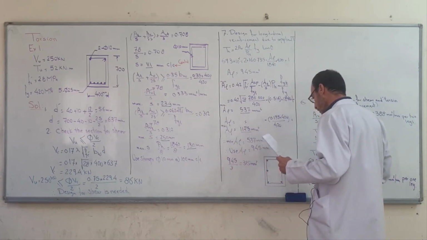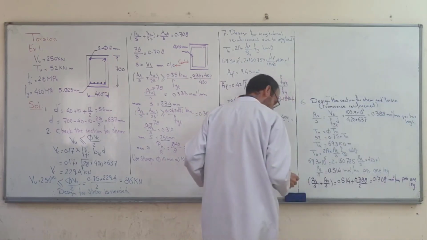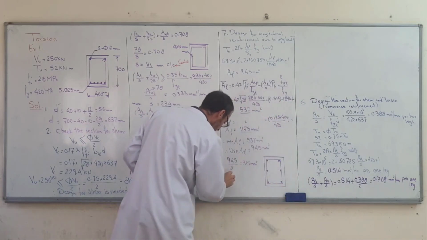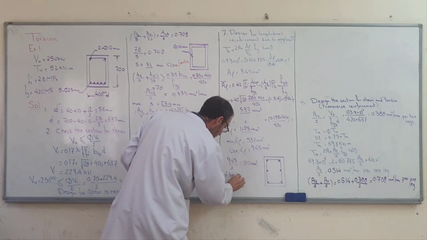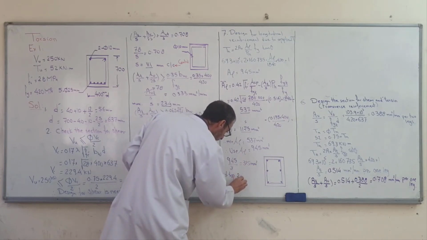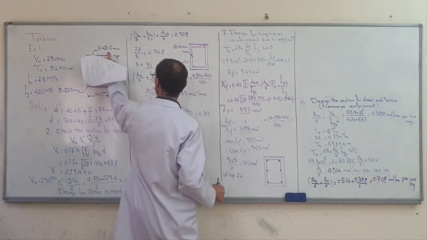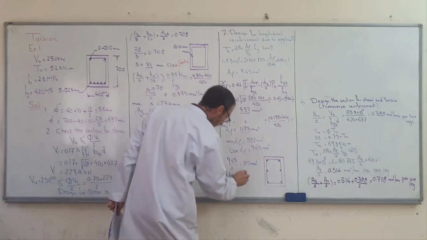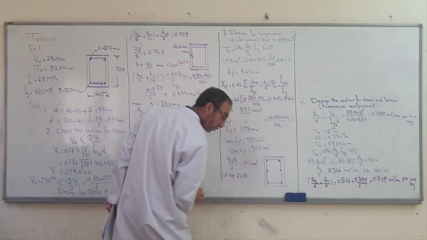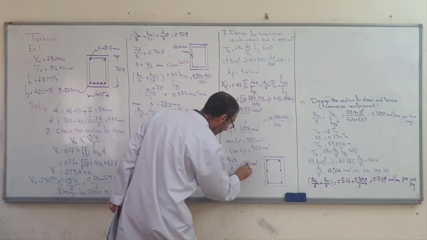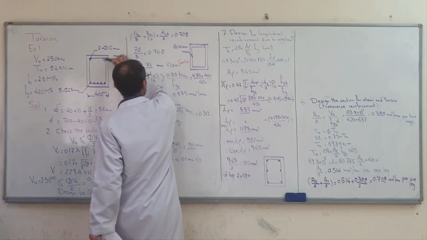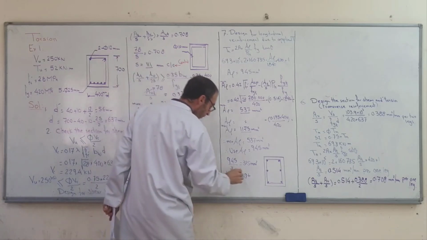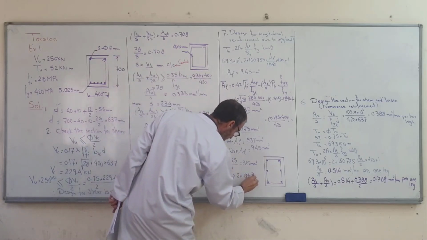At top we have 2 Φ12, which is 226 millimeter square, plus what is added. This is added due to bending, and here this is added due to torsion.